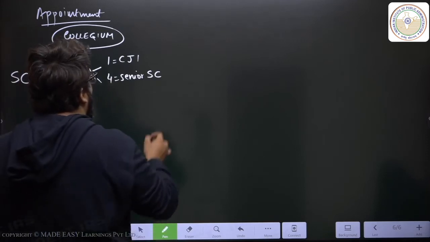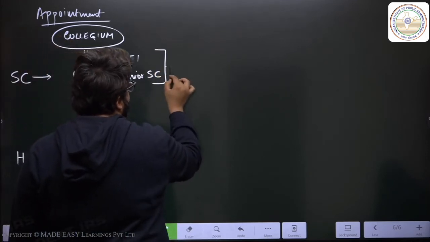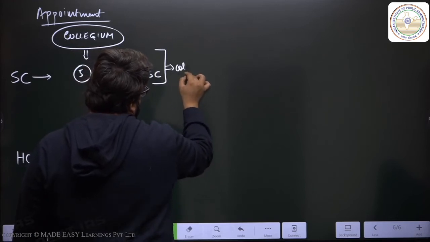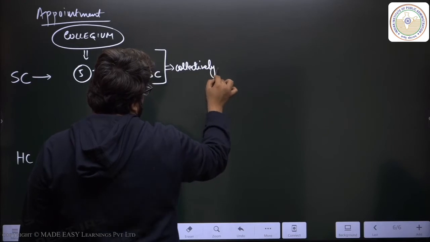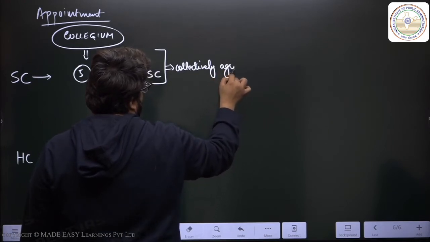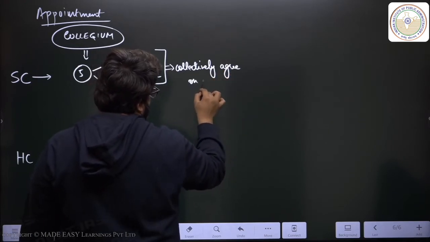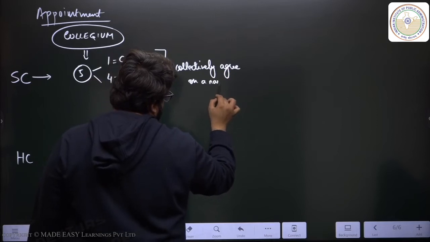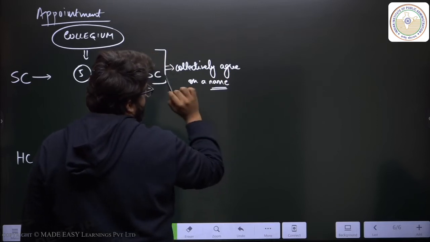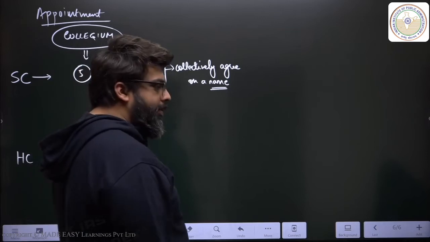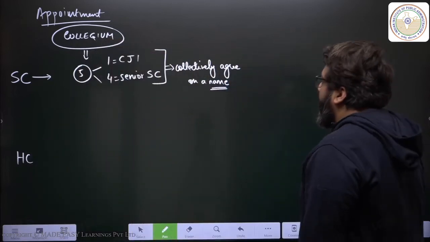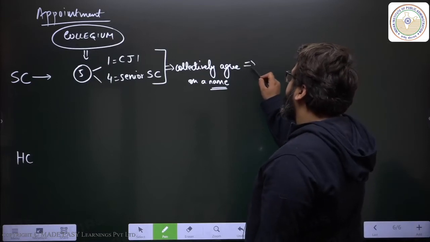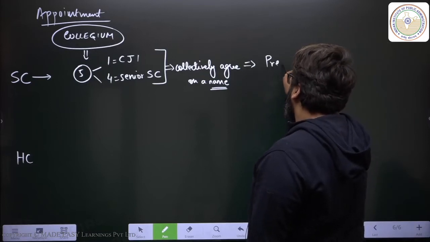All of them collectively agree on a name, that this person should be made a Supreme Court judge. And then this is sent to the president.